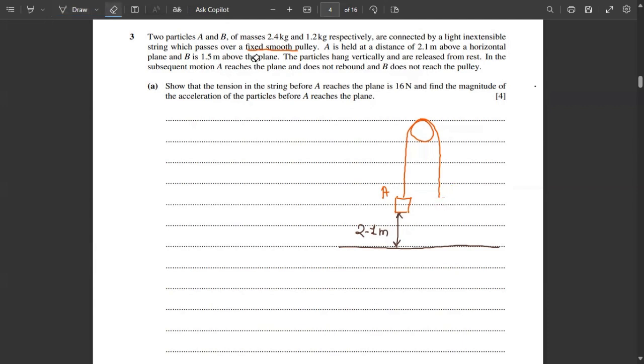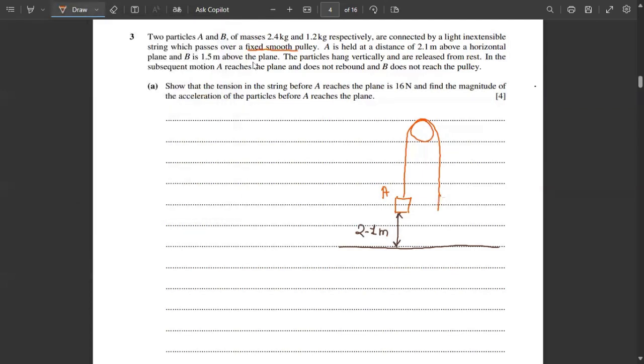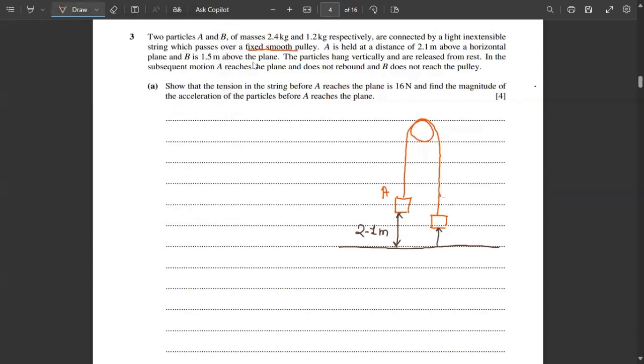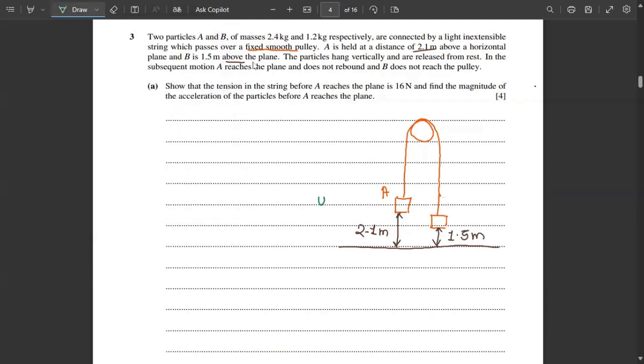Okay, so I'll have to extend this a little bit. B is 1.5 meter above the plane. Yeah, this is done. Particles hang vertically and are released from rest. That means the initial velocity of both the particles is 0 meter per second.